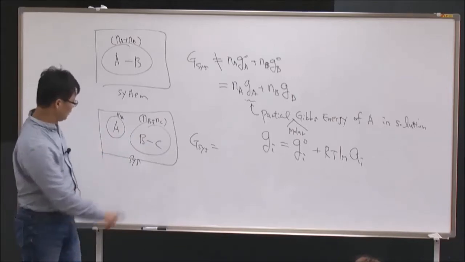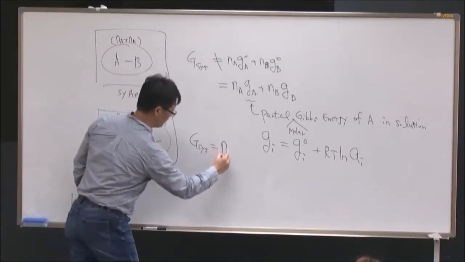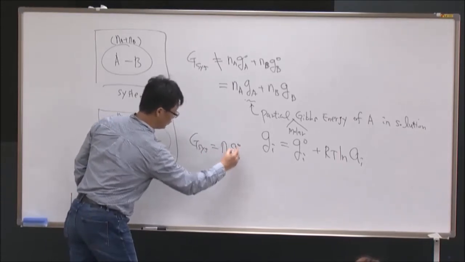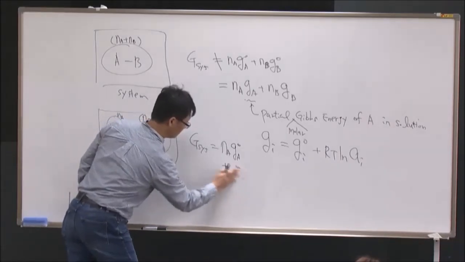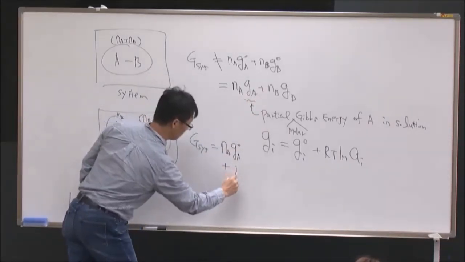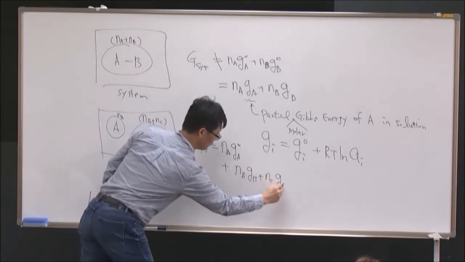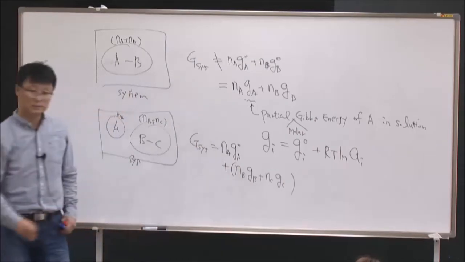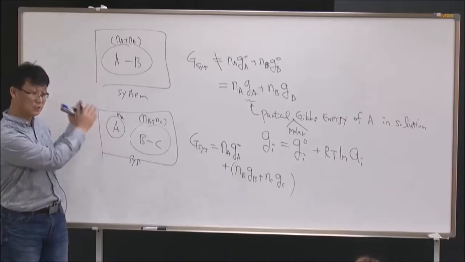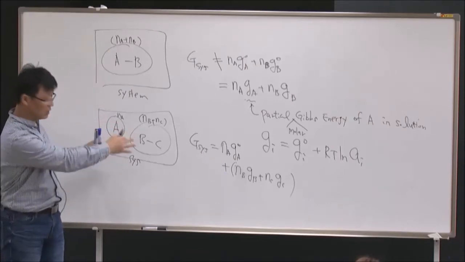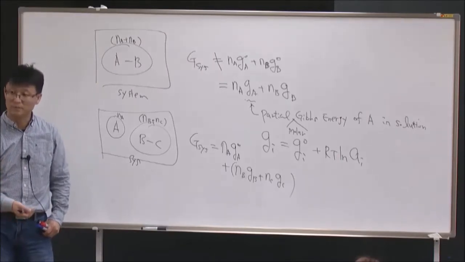The Gibbs energy of the system is N_A moles of the Gibbs energy of pure A, plus N_B, G_B, plus N_C, G_C as a solution phase. When you have more phases, depending on whether each is a stoichiometric phase or a solution phase, you can just add them up one by one in this way. Then you can define the Gibbs energy of the system.